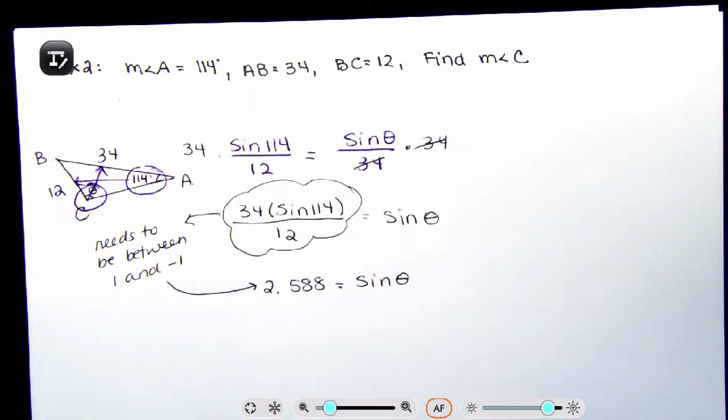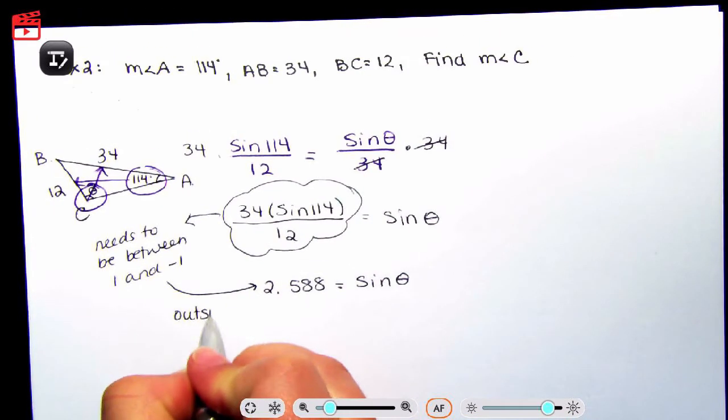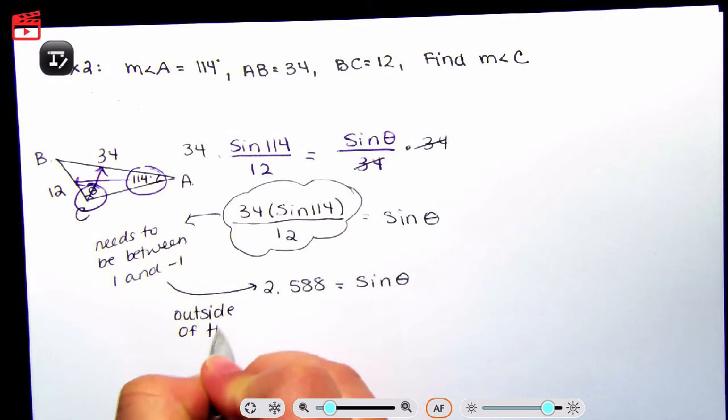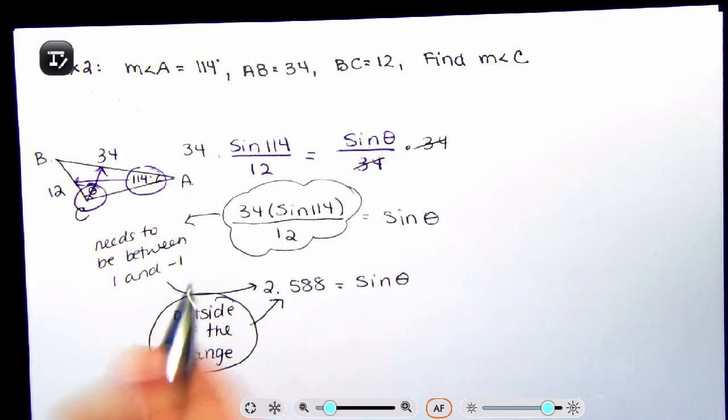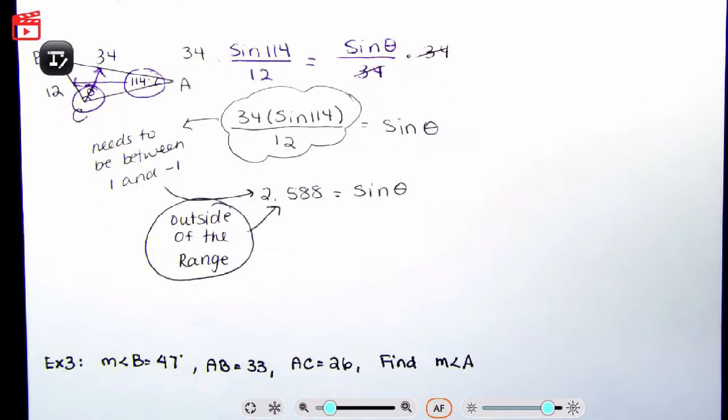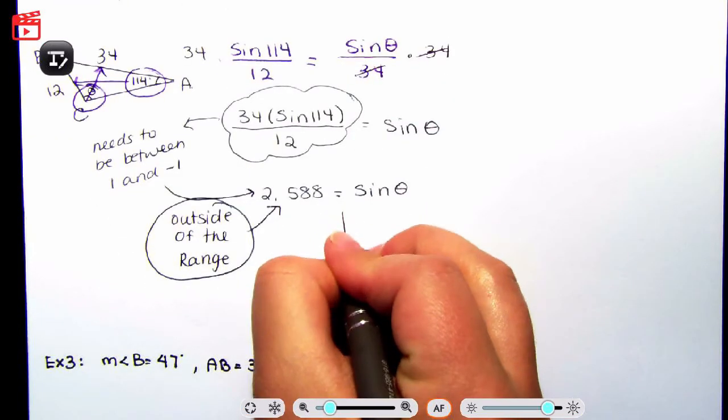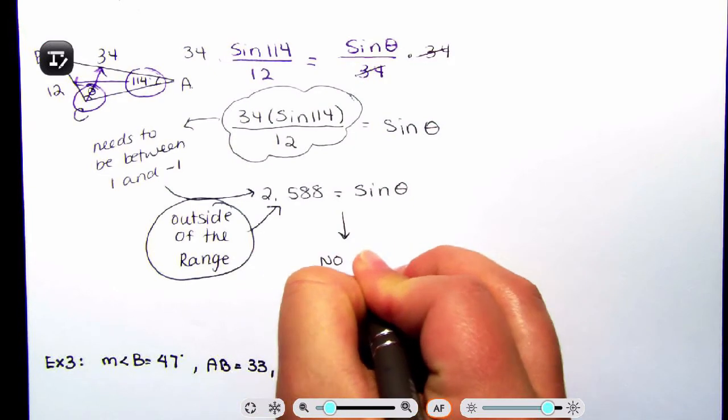Because this is outside of the range, you stop working. It's not between 1 and -1. Therefore, the answer is no solution. It's not possible.